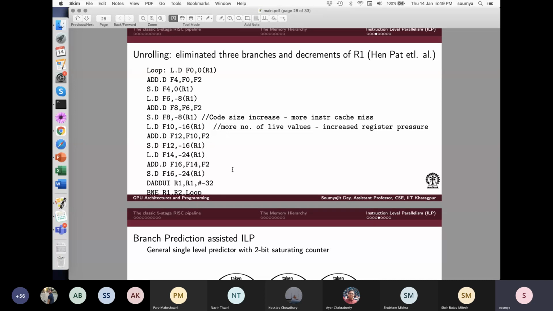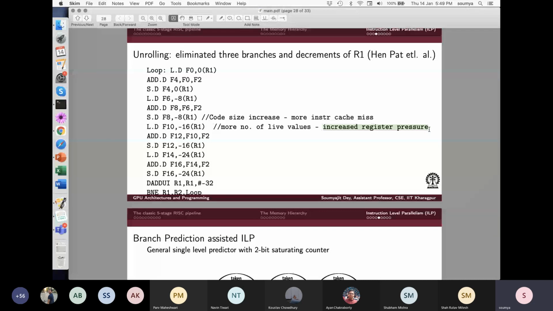If I increase the unrolling, because there are a lot of live variables here, variables which are still relevant in the loop, I am using more registers for the simple program, and that increases what we call register pressure. Register pressure means whenever a program is executing, how many registers on average are live in the program.